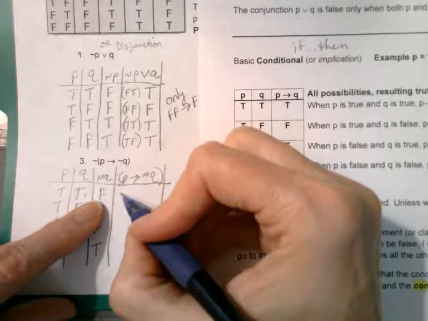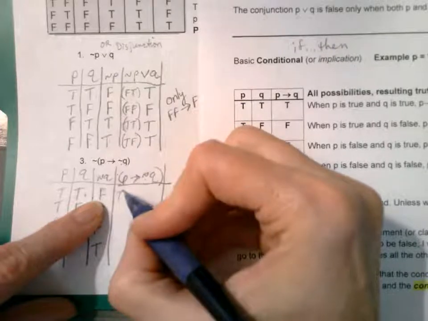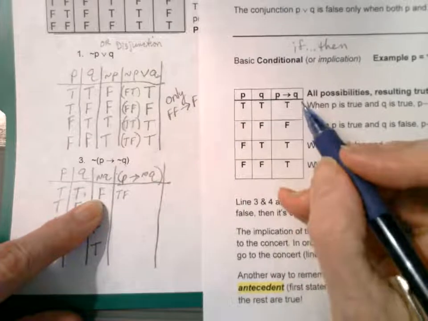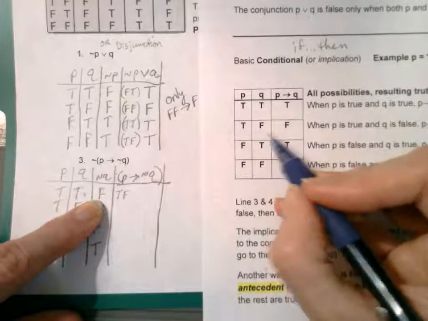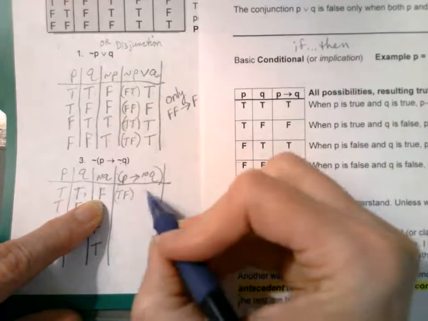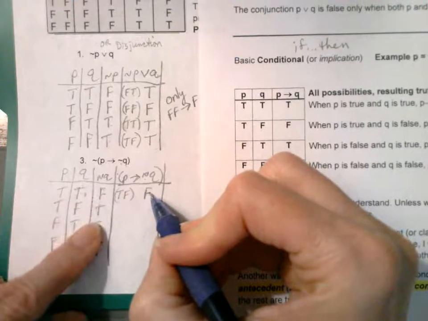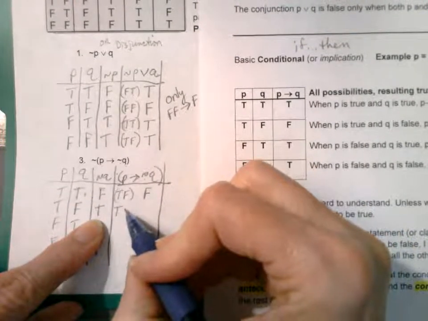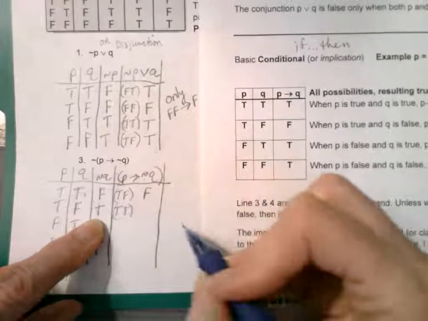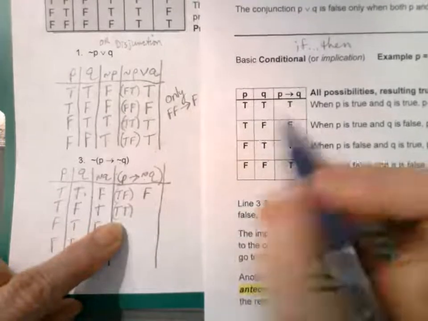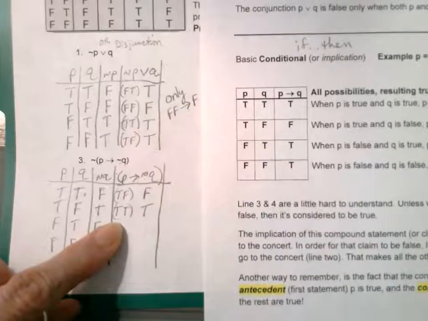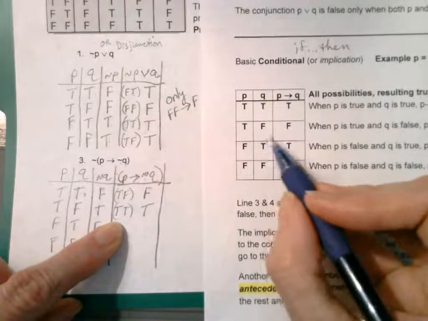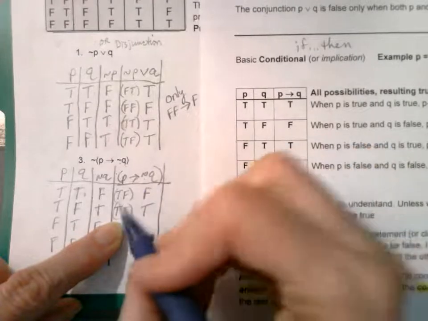So P is T, not Q is F. And if I'm using the conditional, T and then F is an F. And then P, not Q, double T's are T's in a conditional. In fact, the only thing that's false is this combination right here, and everything else is true.